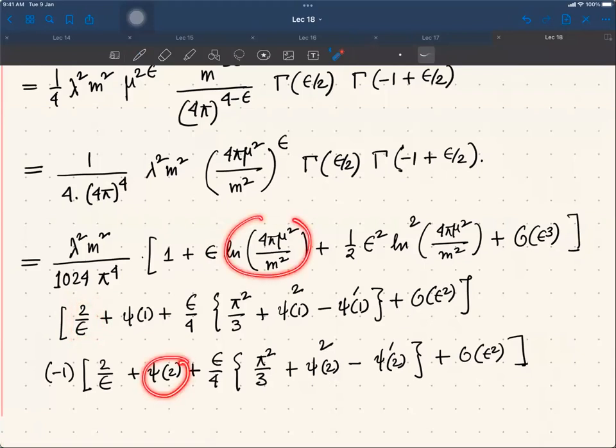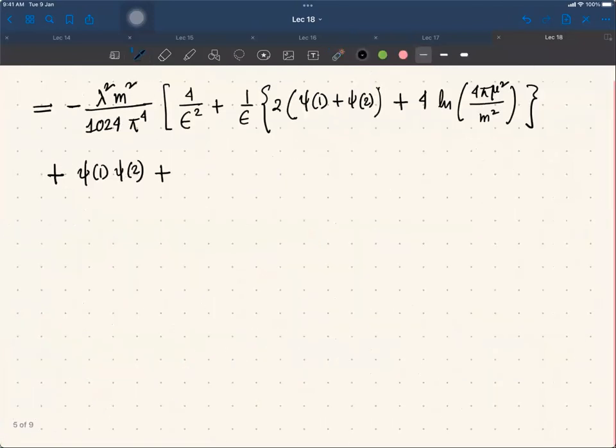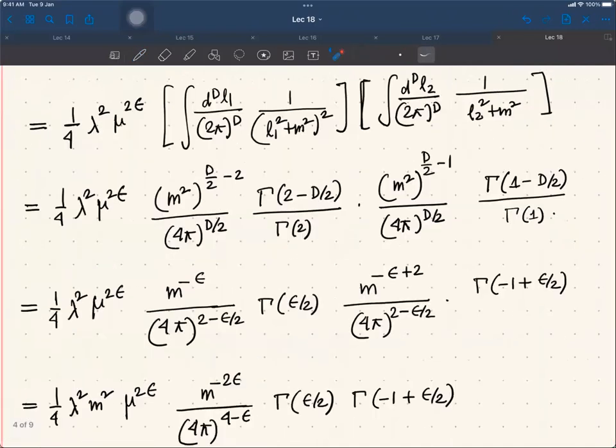So logarithm must be multiplied with 2 times psi 2. Similarly, you can choose this one, order 1 here, and 1 over epsilon here. So that is 2 times psi 1. So 2 times psi 1 plus psi 2 times this logarithm. What else?